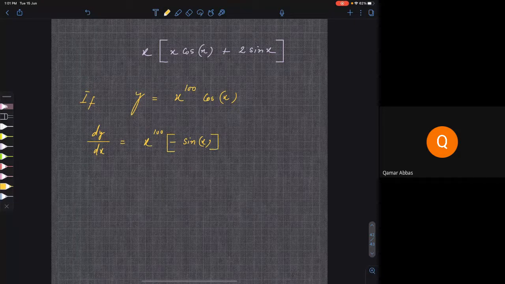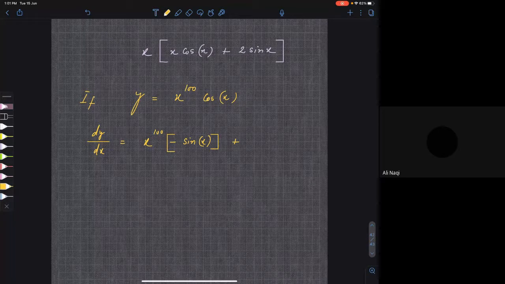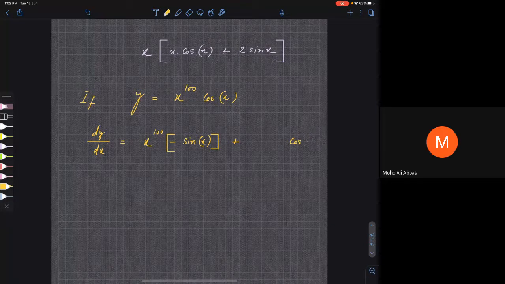Then what else? So plus 100 x to the power 99. Plus cos x you keep as it is. 100 x to the power 99 into cos x. Fine. Clear?